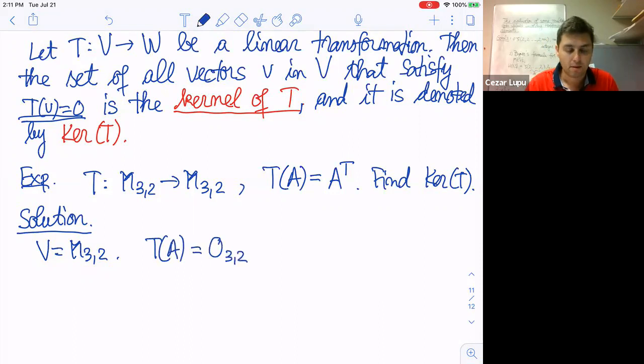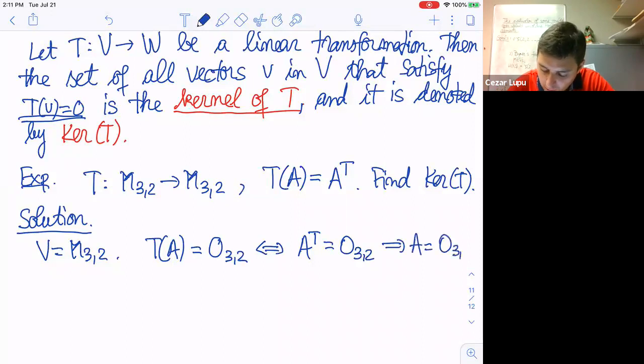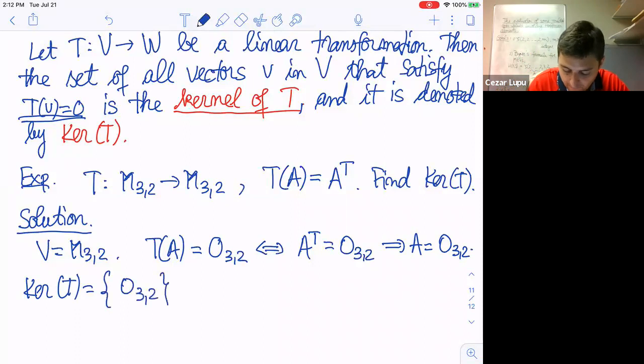Who is T(A)? T(A) is A transpose, equal to O32. But if the transpose of a matrix is the null matrix, guess what will happen to the matrix? Then it follows that A is indeed the null matrix O32. So the kernel of T is given by this matrix O32. That's it.